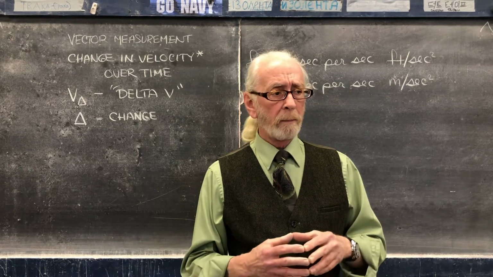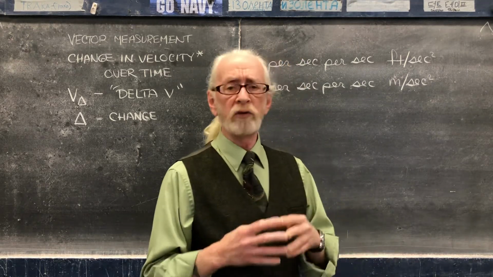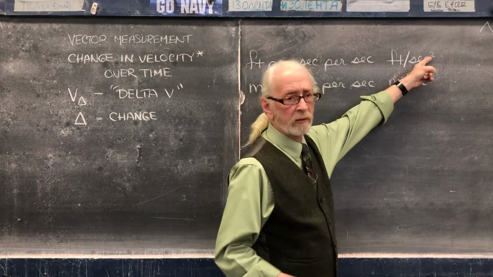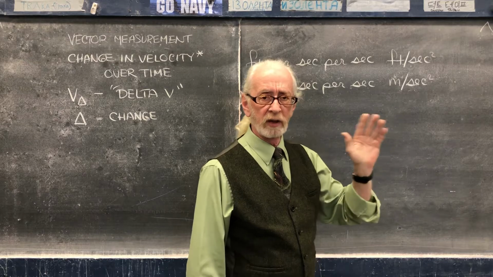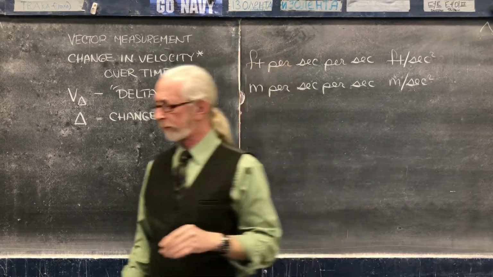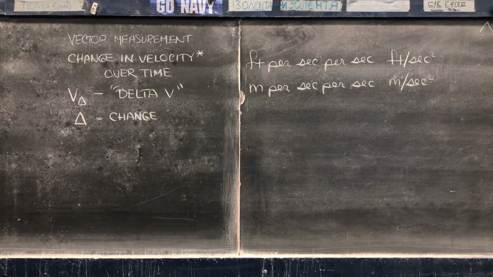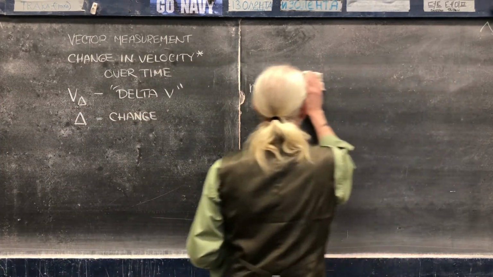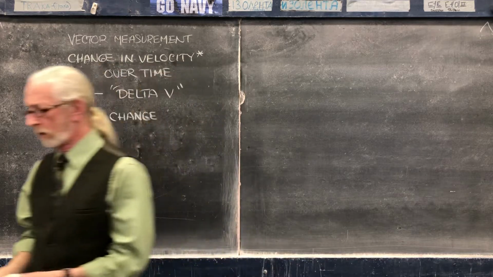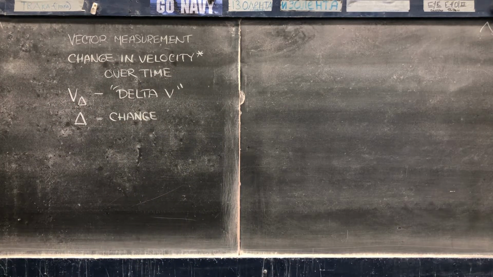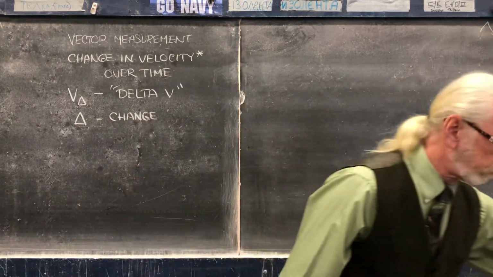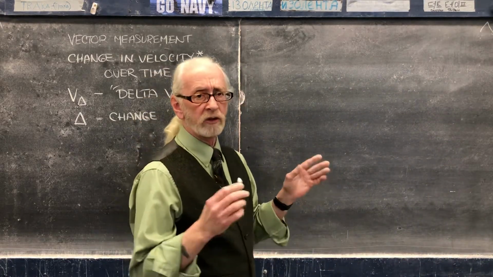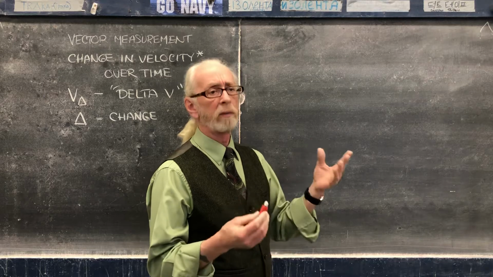Now, another common confusion point is this exponent that we see here. So I'm going to take a few minutes and wade through that one for you. Like I said, here on Earth, gravity is 32 feet per second per second.